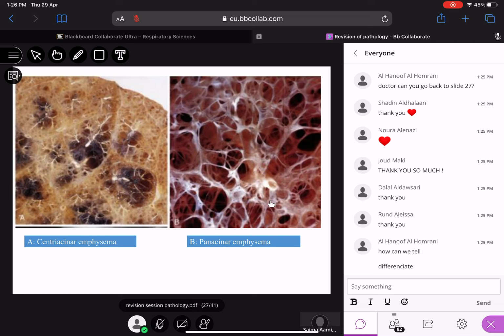The key is that you see some dilated air spaces and some of them are normal. Is it clear, Hanuf? Yes, doctor, thank you.